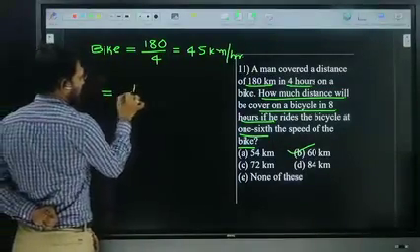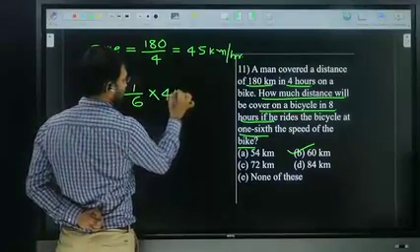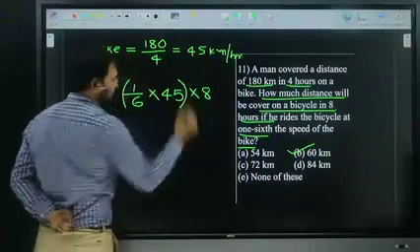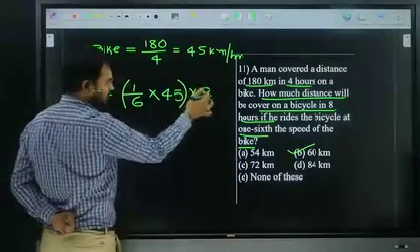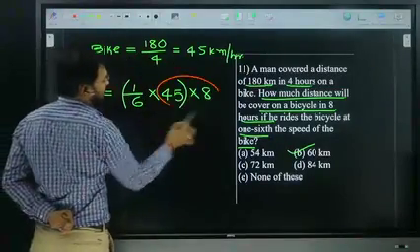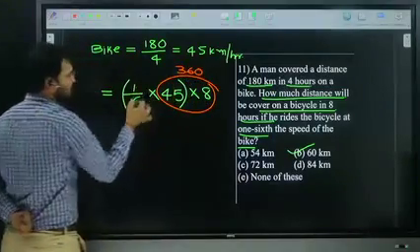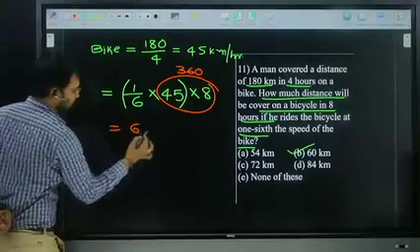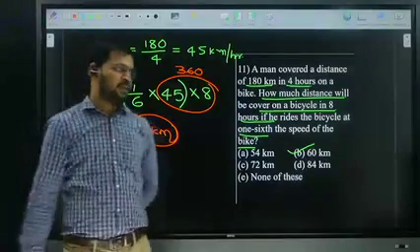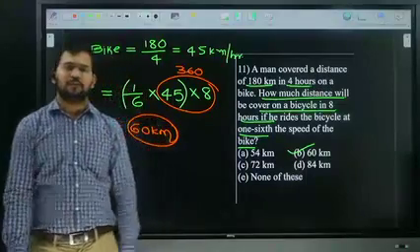They said 1/6 of the bike speed, 1/6 of 45. 1 hour's speed is 1/6 of 45, but they're asking for 8 hours. 45 8s are 360. So 1/6 of 360 is nothing but 60. So your answer is 60 kilometers. Option B is the right answer. All of you okay? Very good.